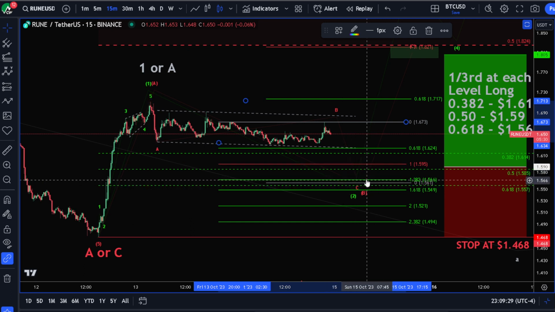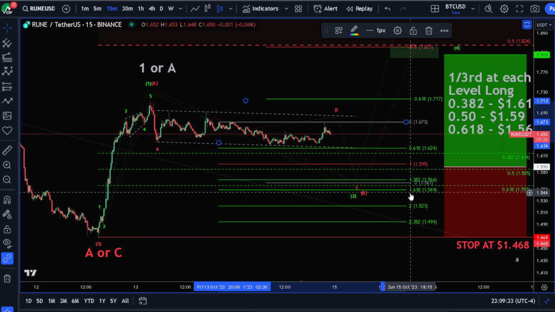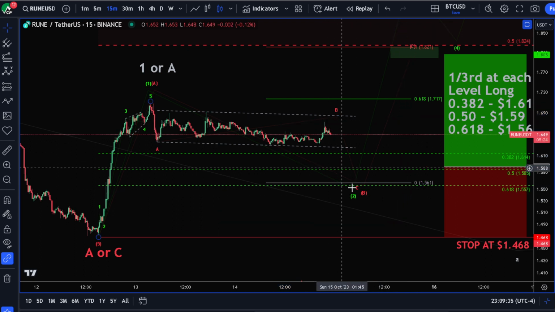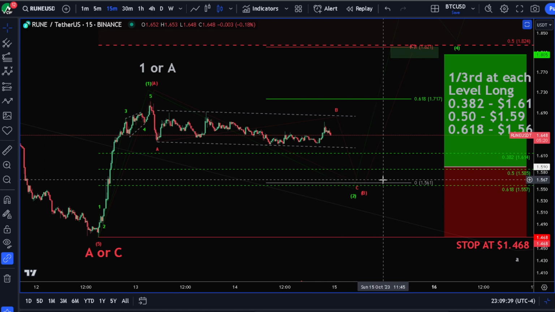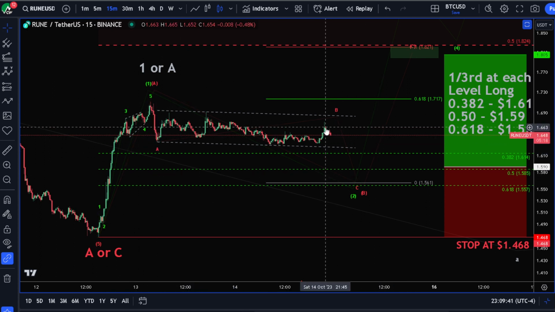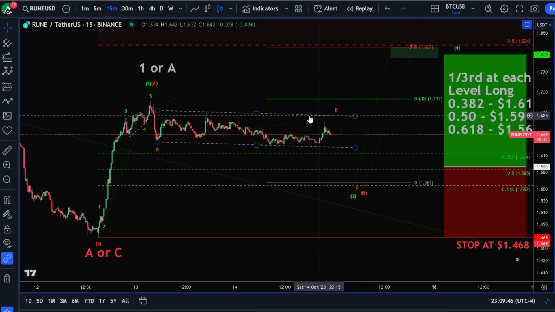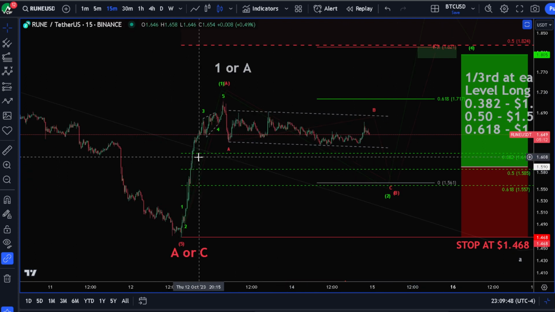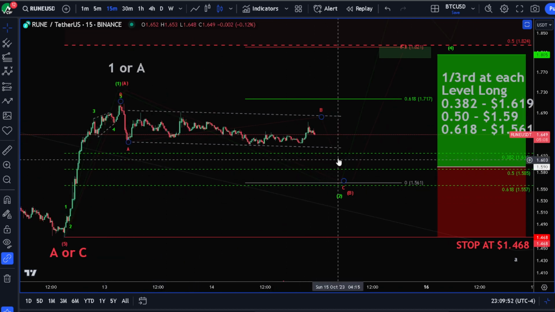Can come as far as the 1.382. But if we start to pass the 1.618, it switches probabilities, that would be a 3rd wave down rather than a C wave. So that's another thing that can flip probabilities on you. And if that were to happen, we'd have to somehow recount this as a 3 wave, even though it looks very impulsive.